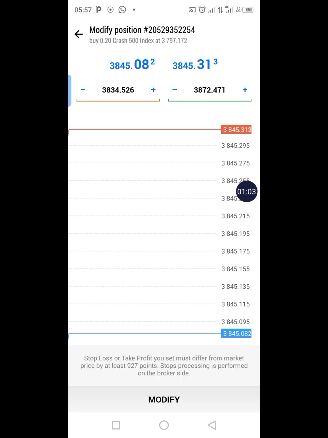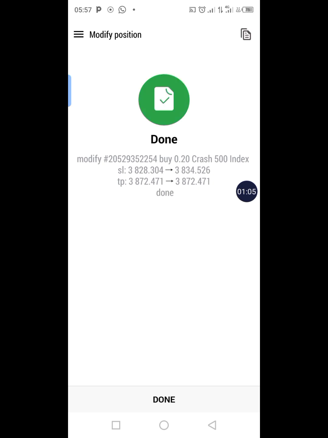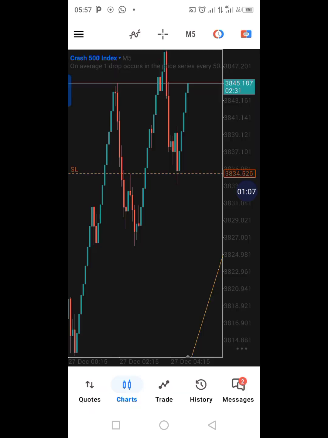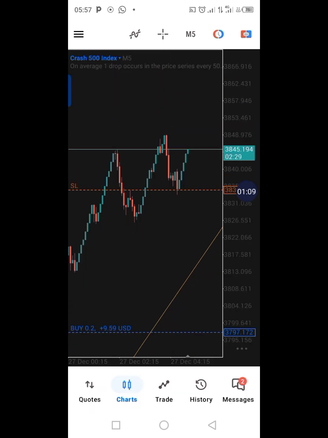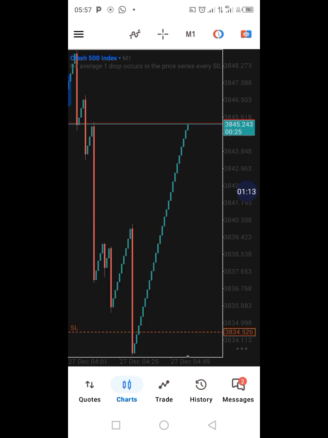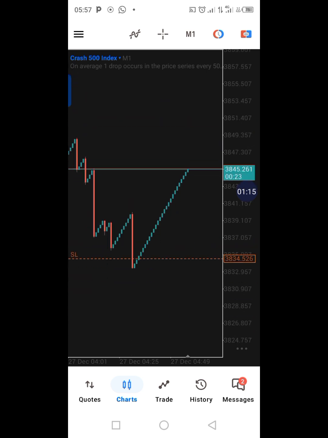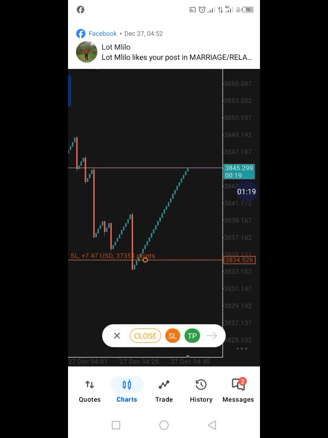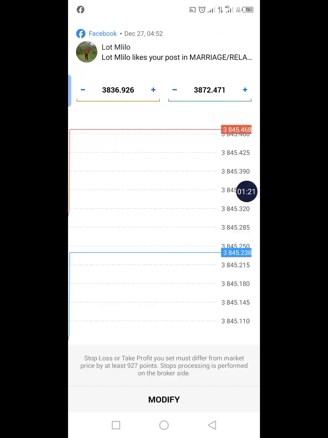There are several methods to know how it reverses. At times you know through candlesticks, there are signs they will show you, and apart from candlesticks, you can also use the Fibonacci tool to know when the market will retrace or reverse.